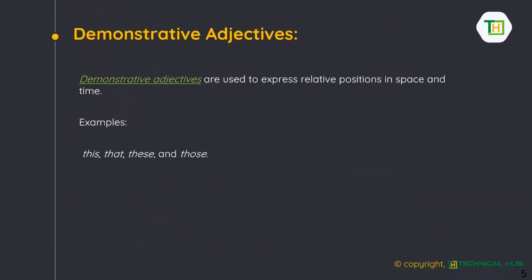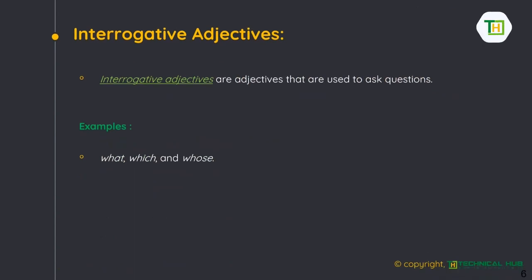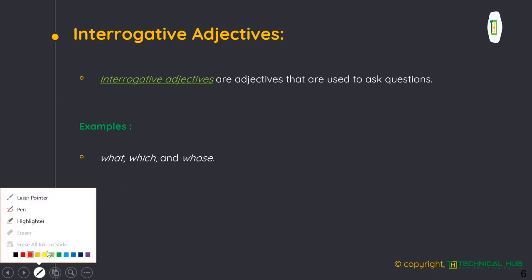Next comes demonstrative adjectives: this, that, these, and those. Sometimes we use these things as pronouns also, demonstrative pronouns people call. Try to remember this. Next one is interrogative adjectives. Interrogative means nothing but questioning.